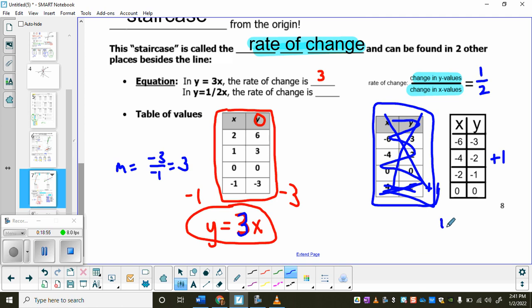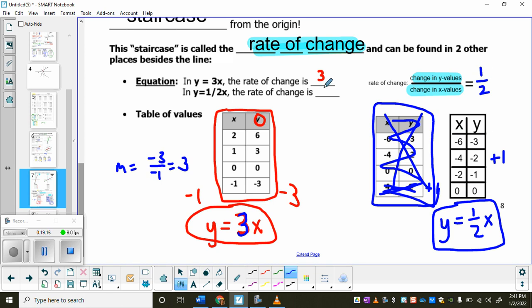And that makes sense because my equation for this table of values, let's see if the 1/2 x works out. If I do a half of -6, I get -3. Half of this works out, so it works out that the half is found by looking at the change in the y's over the change in the x's.